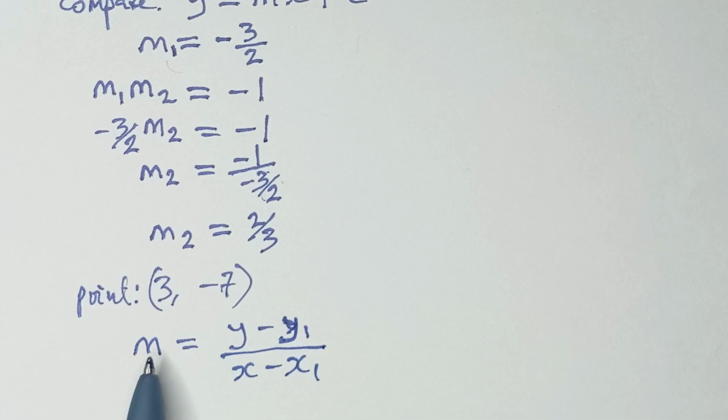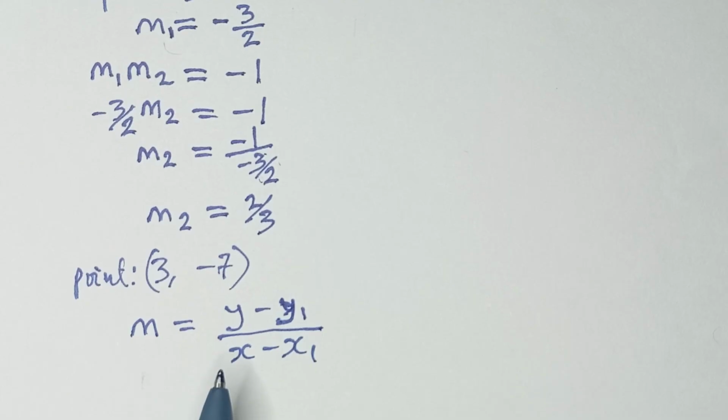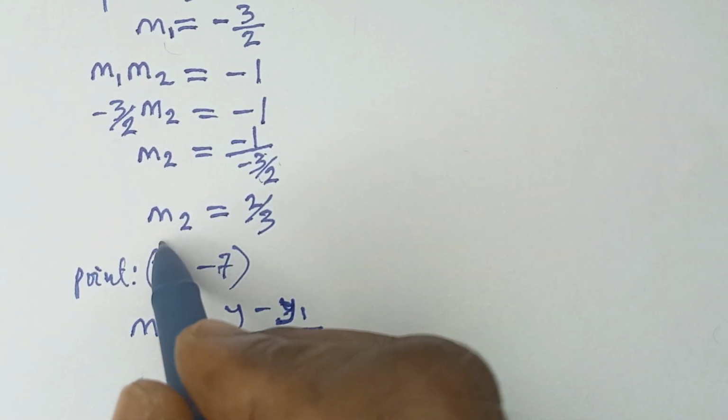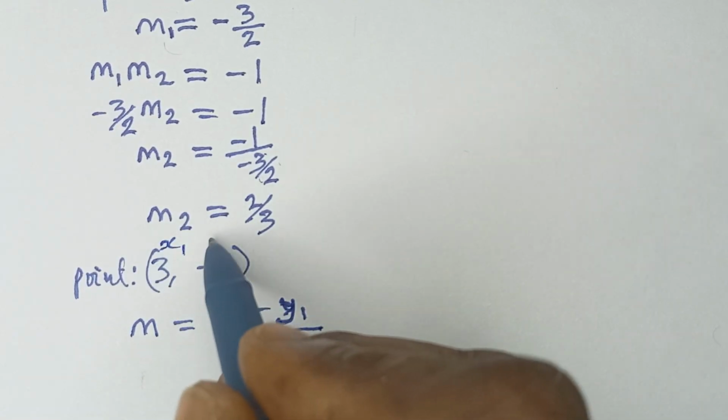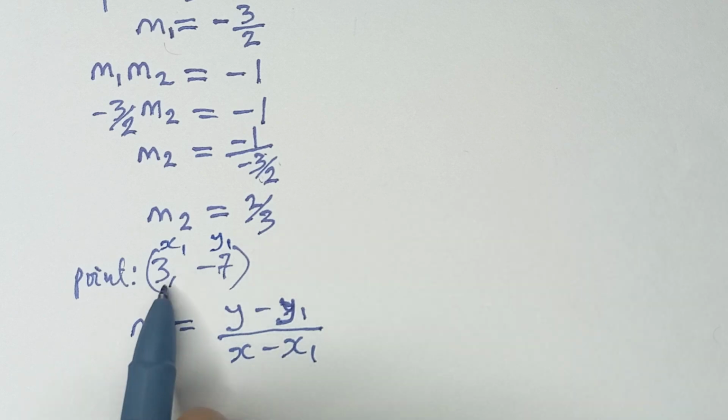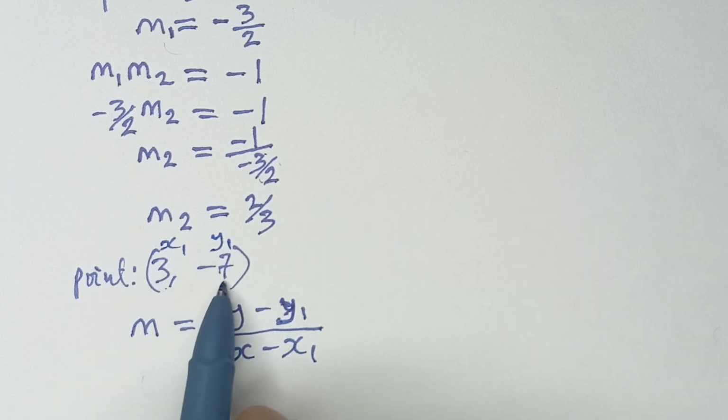So this is the formula for the slope of a line. With this x1 and this y1 from the point given to us, 3 is the x1 and -7 is y1.